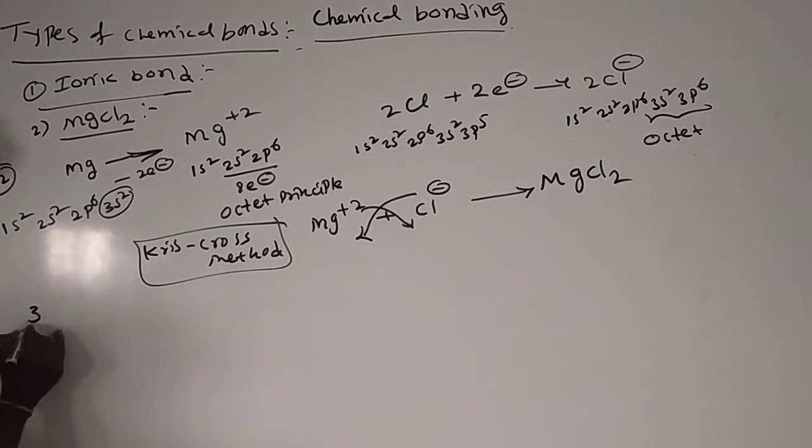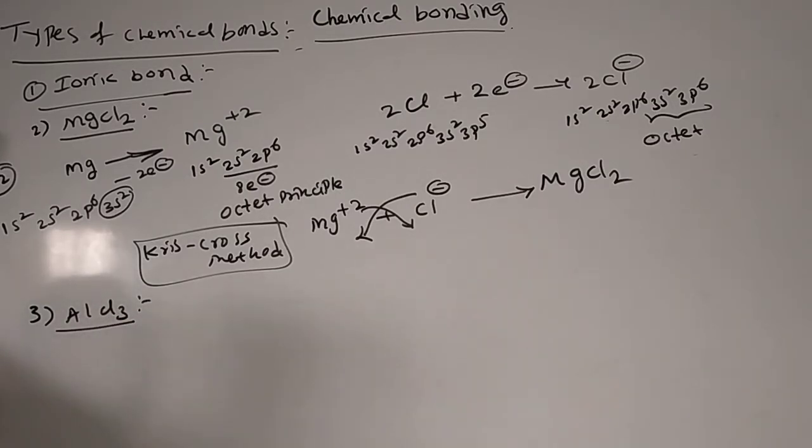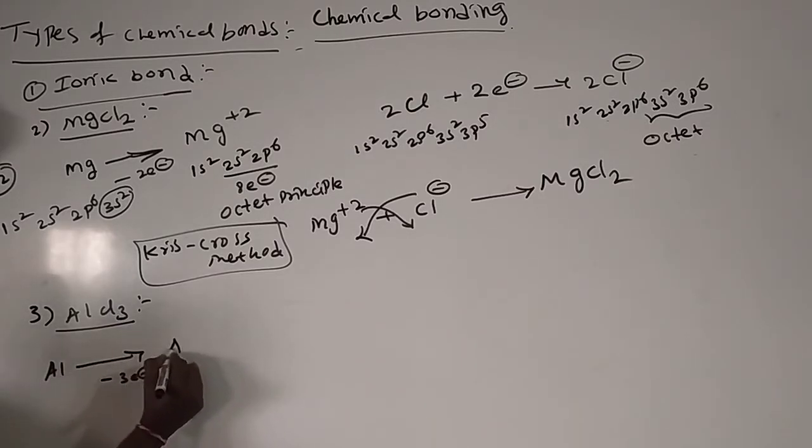Next, the third one, formation of aluminium trichloride, AlCl3. First formation of cation, formation of anion, reaction between anion and cation. First, aluminium loses 3 electrons. Why?